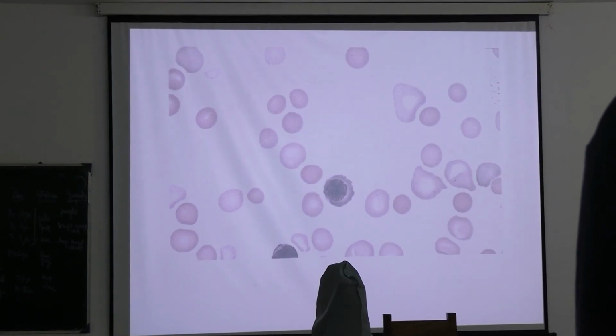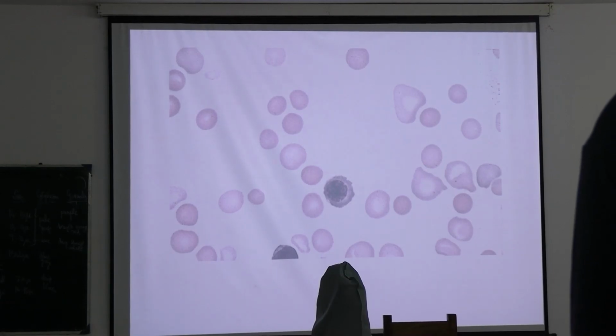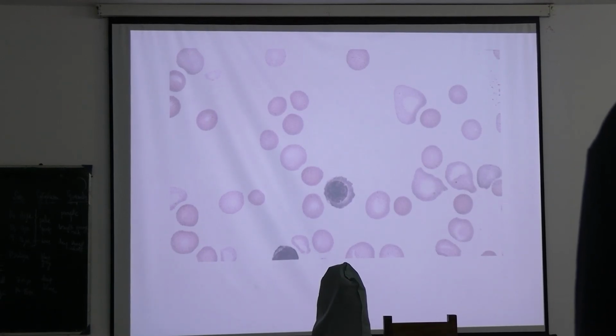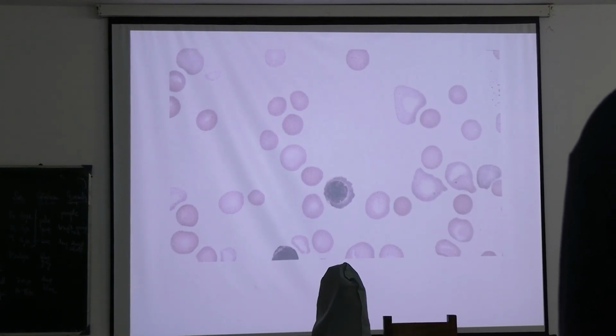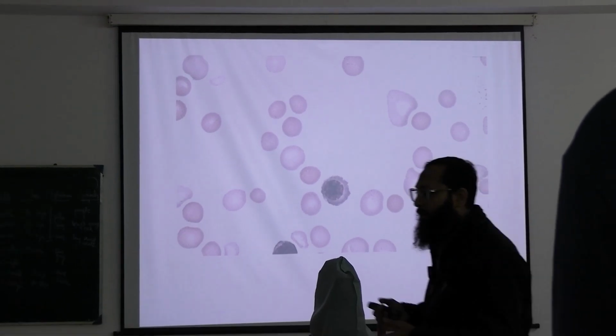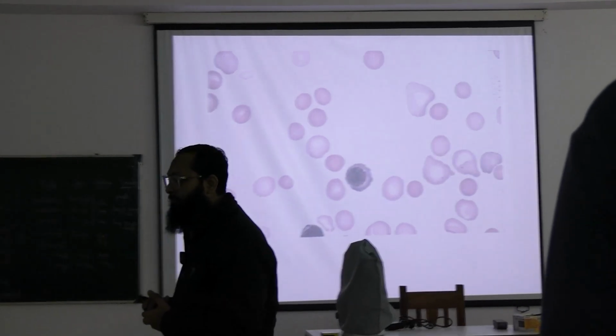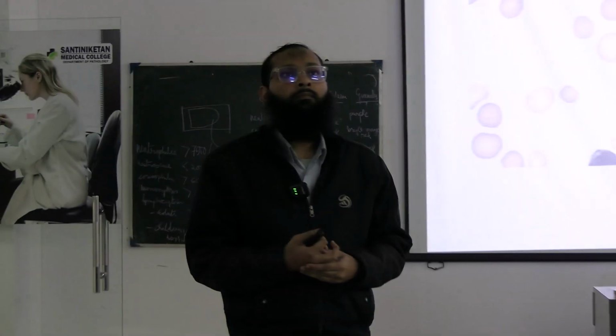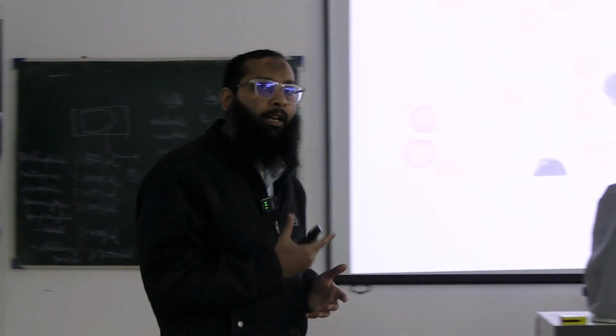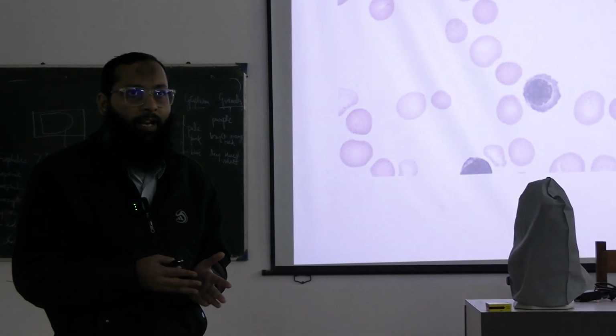Exactly it is 12 to 15 micron, but it is considered to be double the size of an RBC. Continue then. Cytoplasm granulated or agranulated? Granulated, very good. Which kind of granules? Fine or coarse?